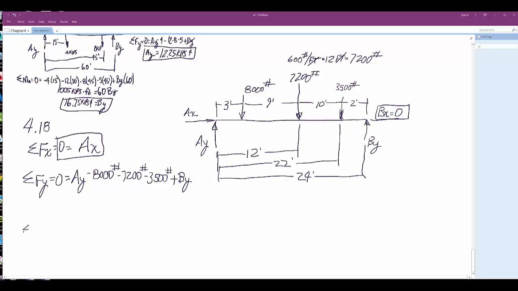So we'll do a summation of the moments relative to A. We'll be solving for BY.